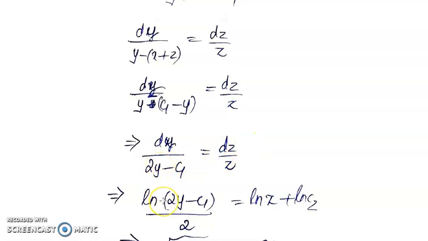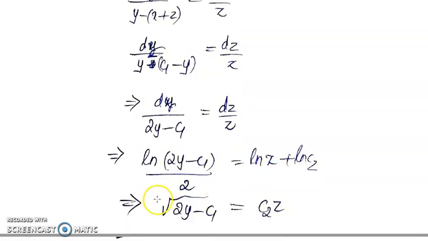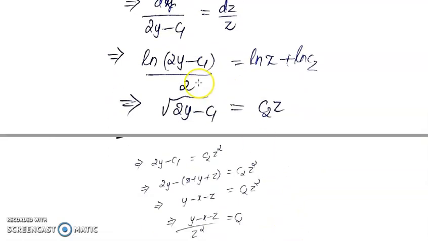Now this is in variable separable form. You can integrate it. On integrating you will get log (2y minus c1) by 2 equal to log z plus log c2. So I can take 1 by 2 inside the log: the root of (2y minus c1) equal to c2 z will be the second integral curve. It is obtained by taking exponentials on both sides. So 2y minus c1 equal to, squaring, c2 square z square. I am going to write it again as c2 because it is arbitrary.